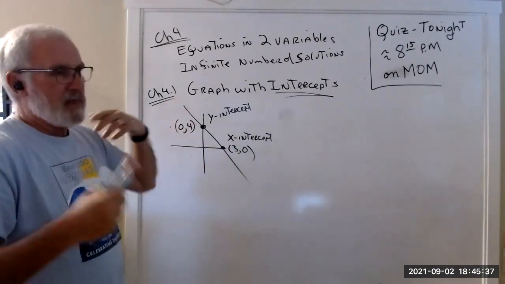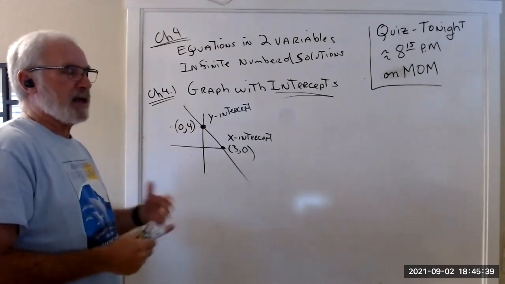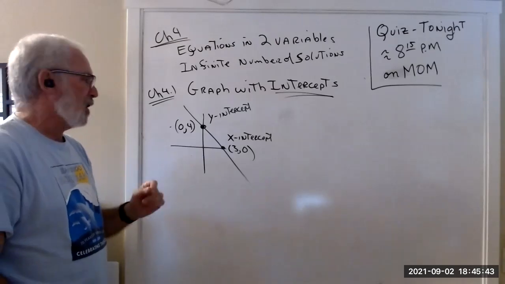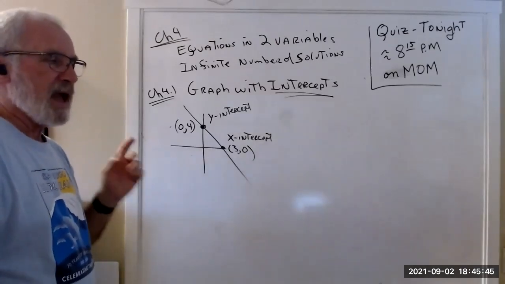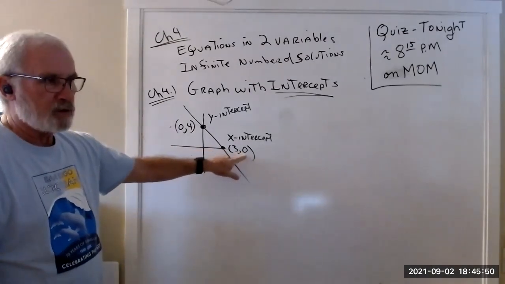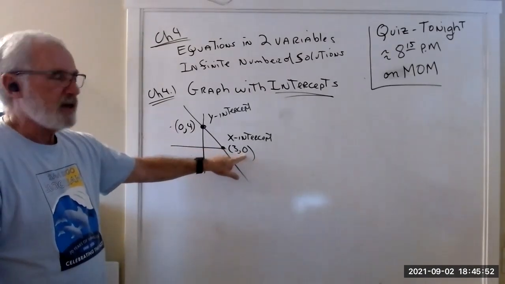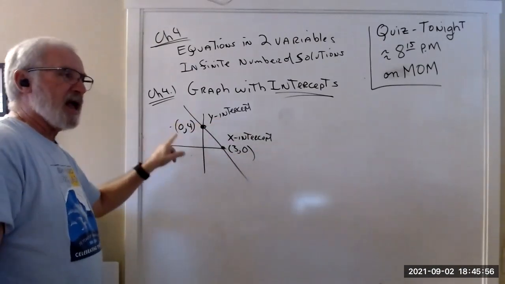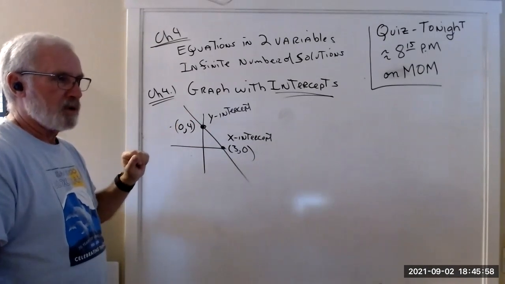Okay. And that leads us to a kind of important concept. Every single time you want the x-intercept, y is always 0. And every single time you want the y-intercept, x is always 0.